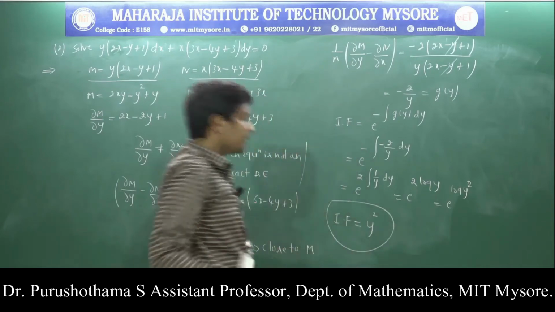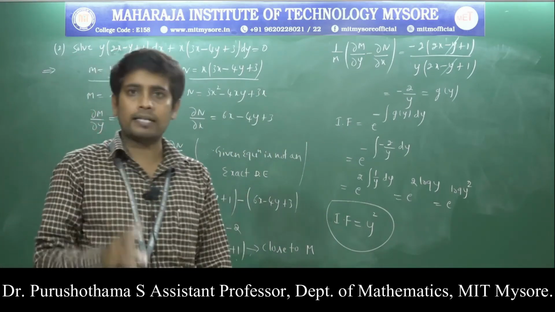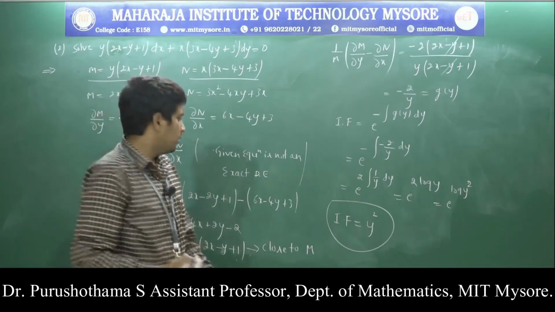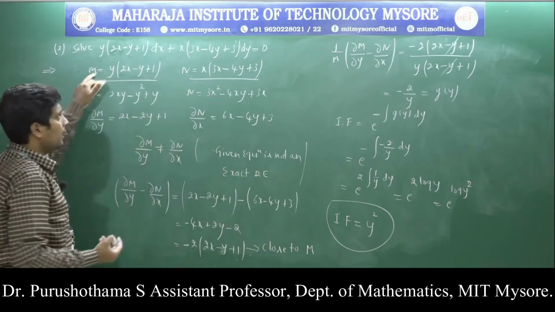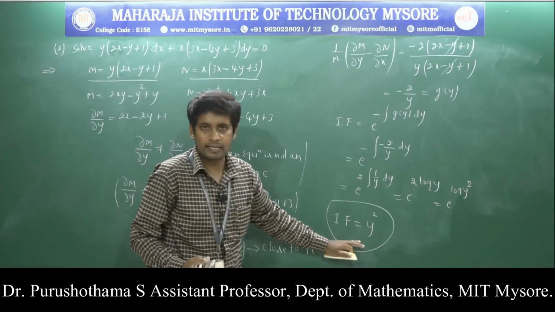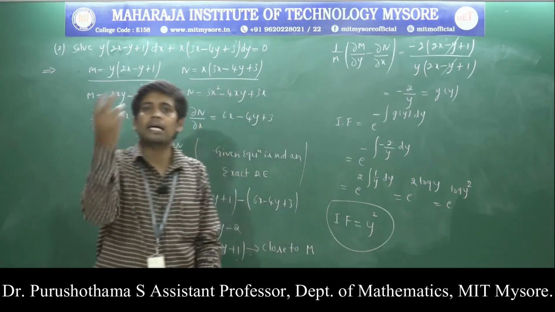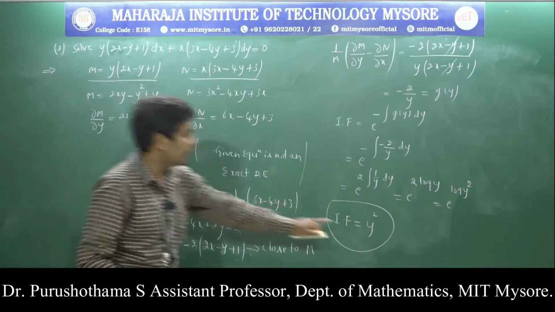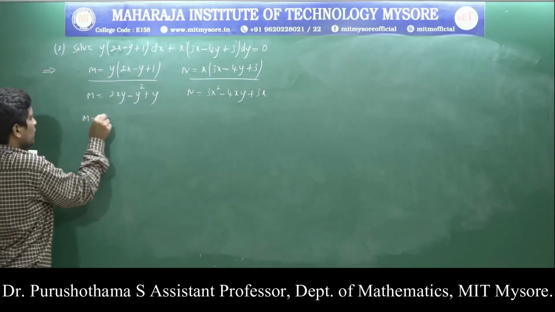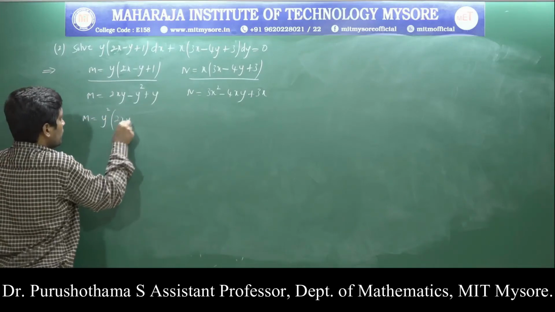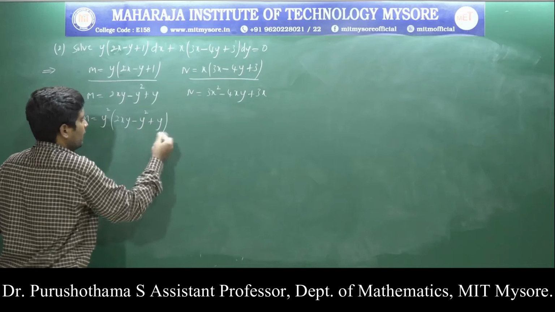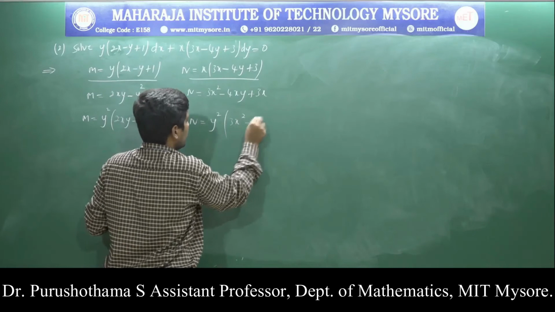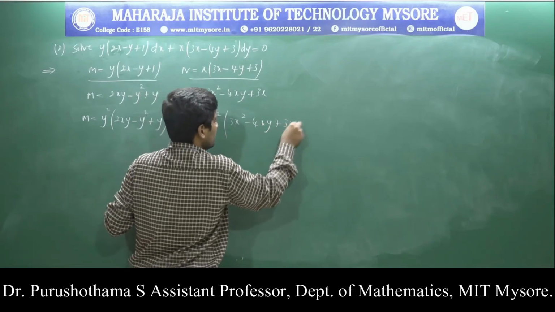This is the integrating factor for the given function. In the next line, the given equation, m and n, multiplied by an integrating factor will make the equation an exact one. So the given equation is multiplied by the integrating factor y square. Therefore, m is equal to y square times of 2xy minus y square plus y, and n is equal to y square times of 3x square minus 4xy plus 3x.